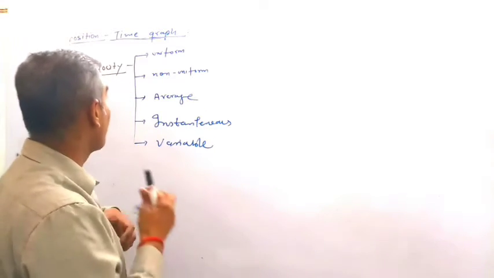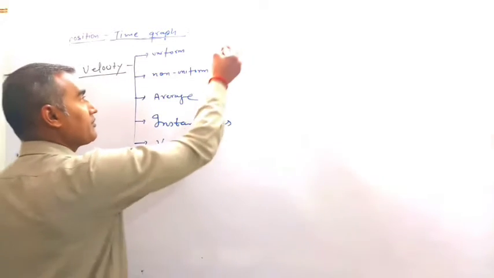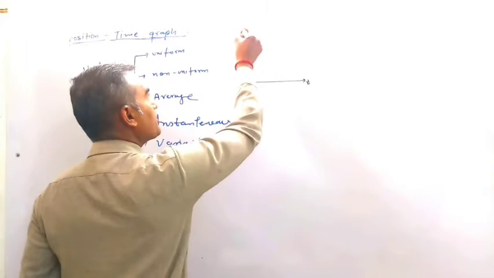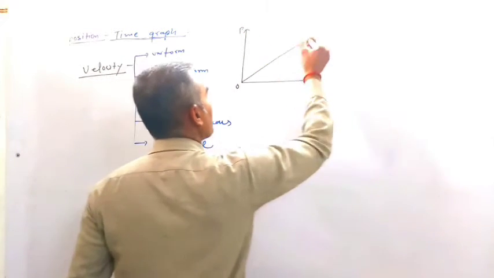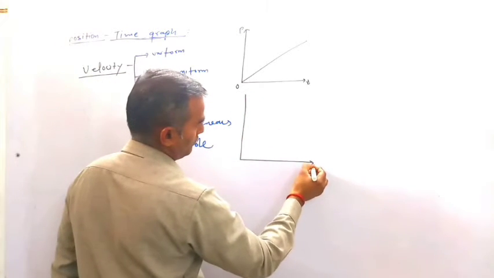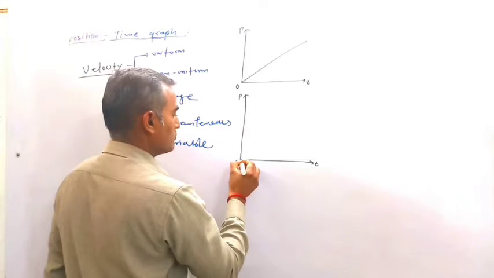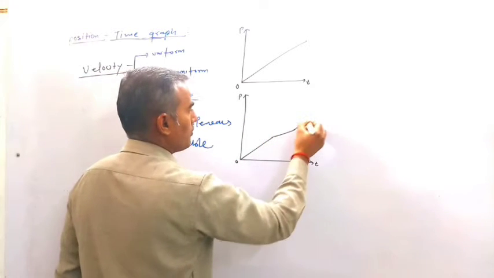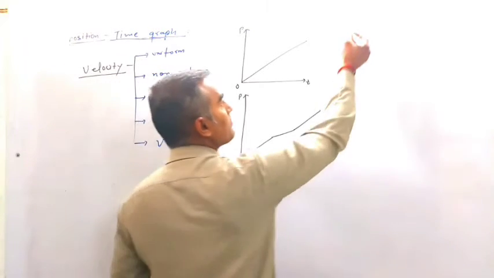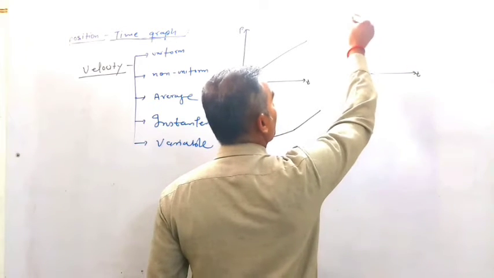So, just by the graph: time-position graph, uniform; time-position graph, non-uniform.